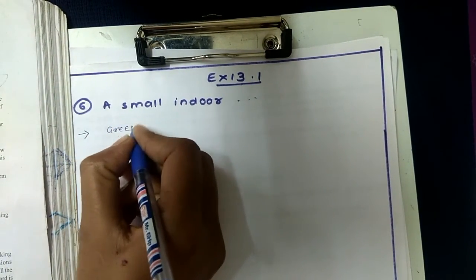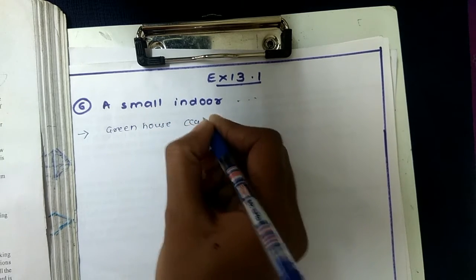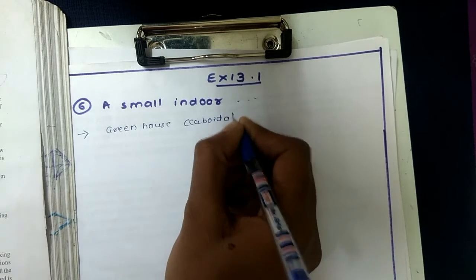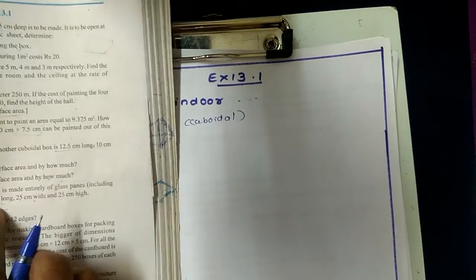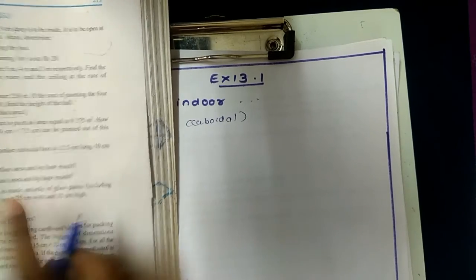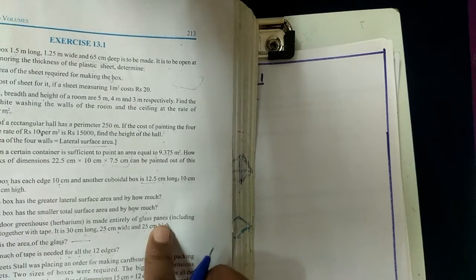So it is a greenhouse and the shape is cuboidal. Length is given as 30 centimeter, so I'll write here 30, 25, 25.